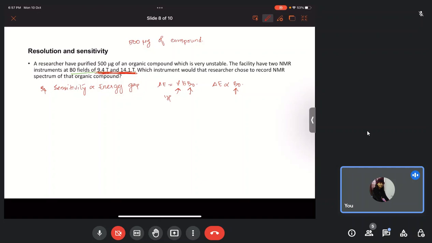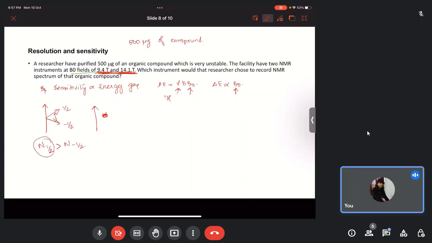So I hope you understood why I am stressing the energy gap. When you have a spin half nucleus, plus 1/2 and minus 1/2 orient in two different directions, and you have N plus 1/2 greater than N minus 1/2.